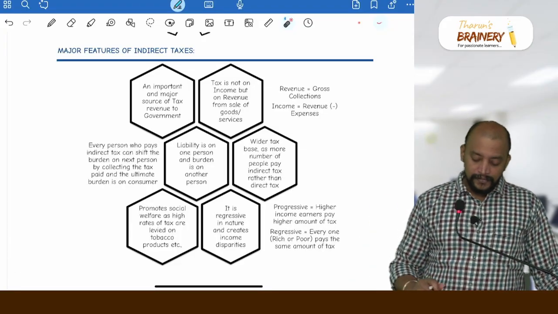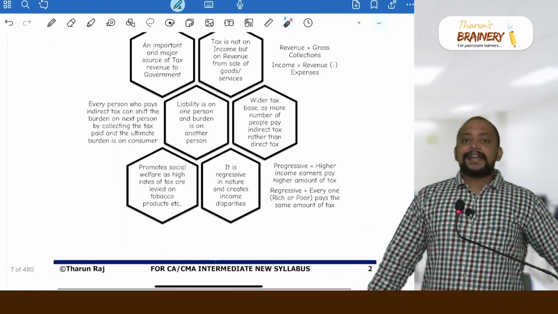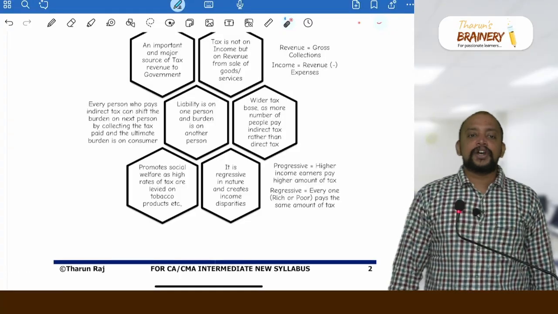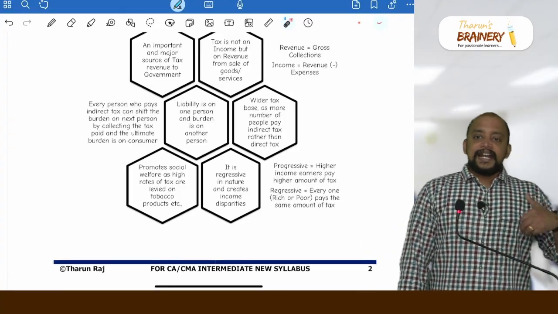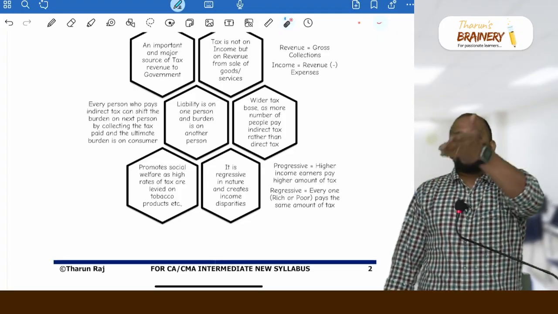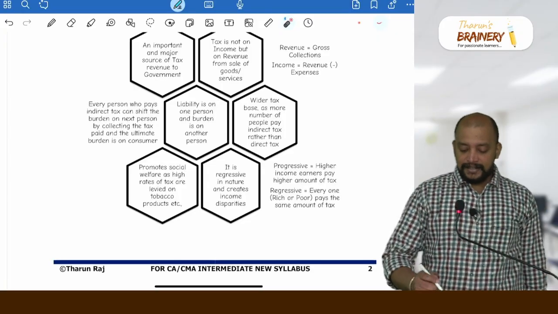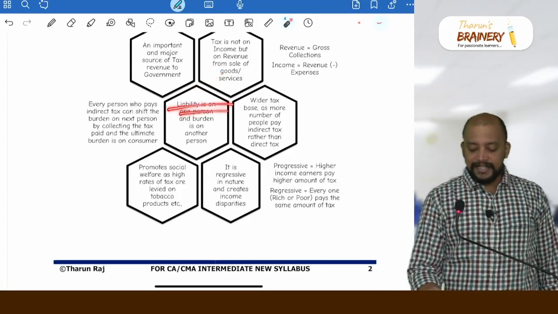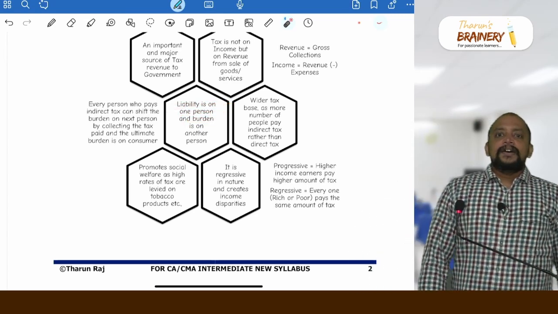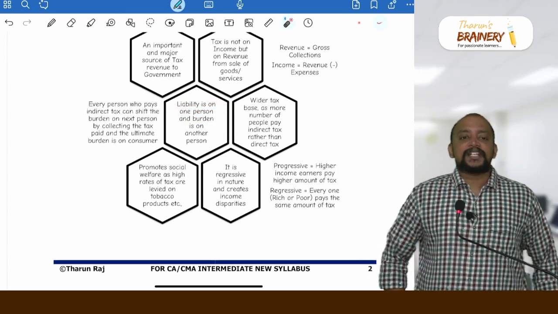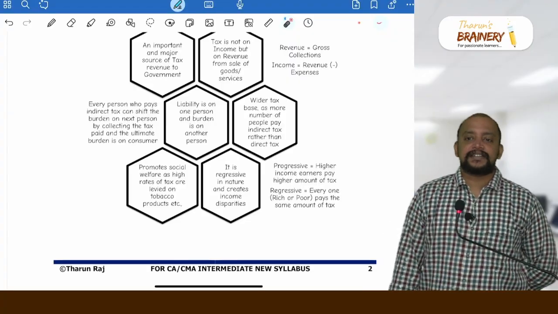Okay. Next. In case of indirect tax, liability is on one person, burden is on another person. Agreed? Trader will pay, in turn recover it from the buyer, so the burden is on the buyer. That is the next one. Liability is on one person and burden is on the other person. And where do we have more number of taxpayers, income tax or indirect tax?